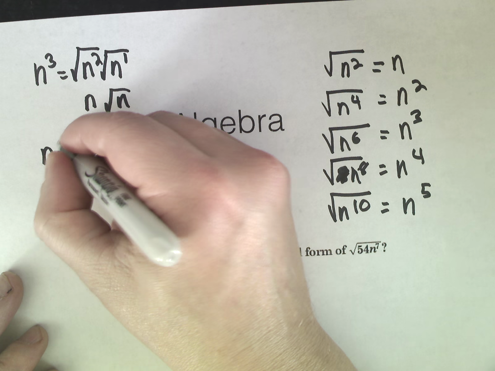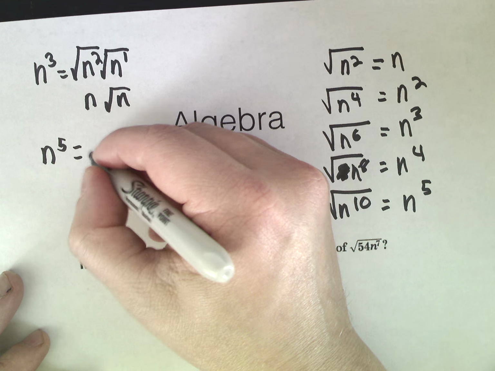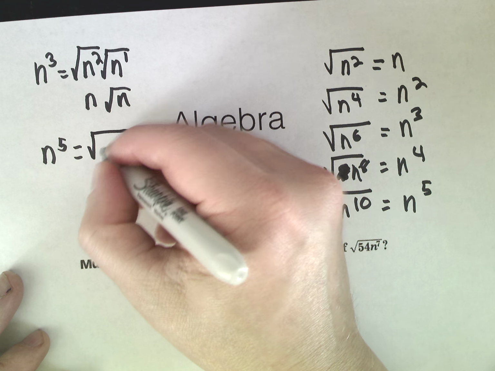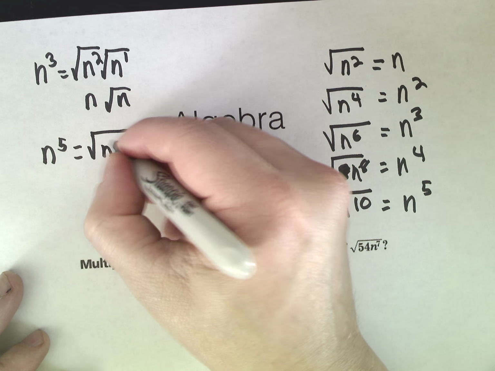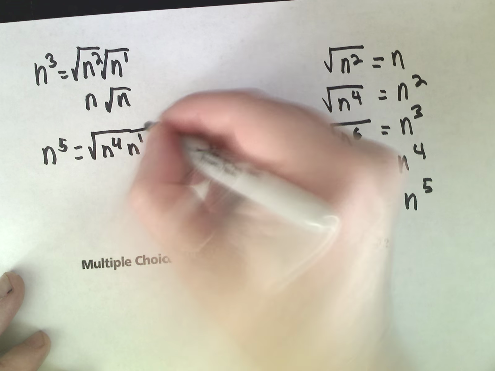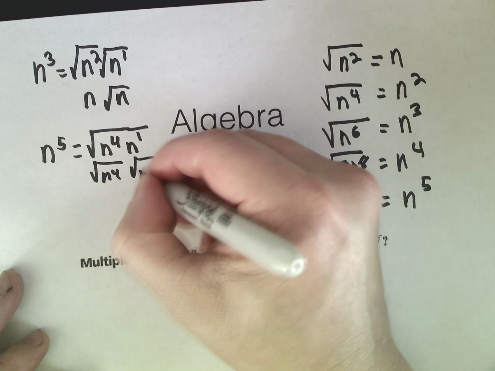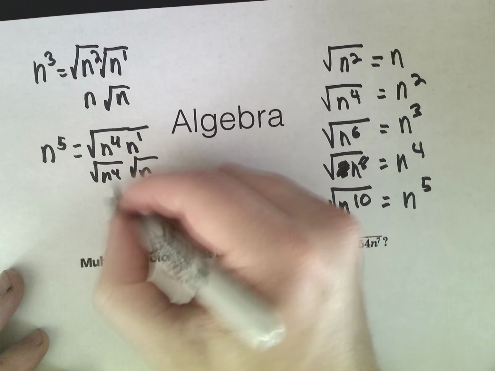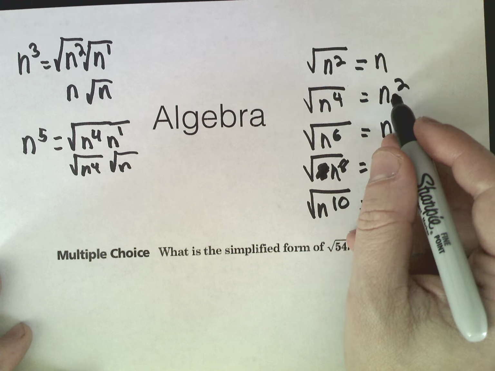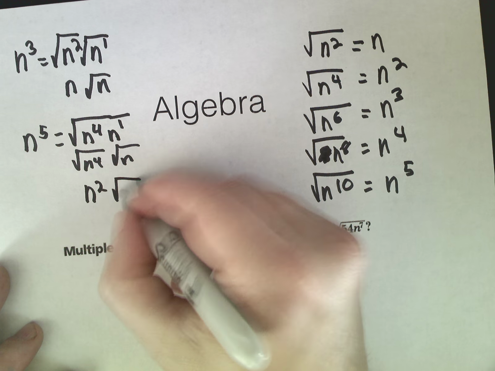N to the 5th, well, from what we know, exponents n4 times n1 gives me n to the 5th. Square root of n4, square root of n1. Square root of n4 we know from over here is n squared. And this is square root of n because I can't do 1.